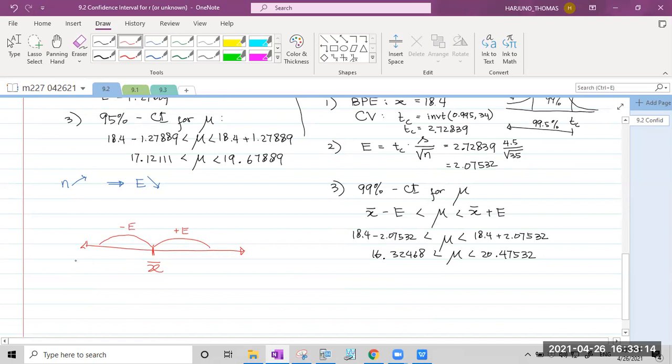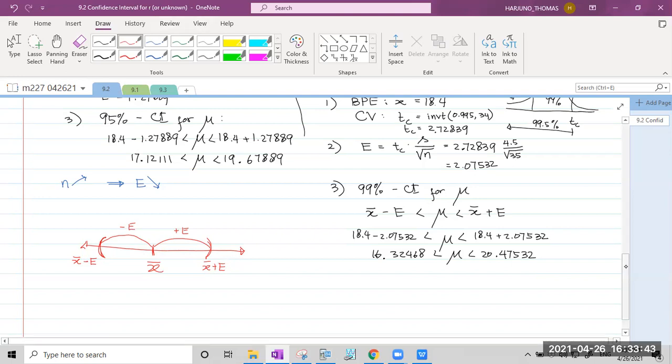So the lower bound will be best point estimate minus margin of error. Then the upper bound will be best point estimate plus margin of error. Okay, we will have some exercise later on. If we are given margin of error and confidence interval, can we find the best point estimate and margin of error? Basically going backward. But we'll do that later on.